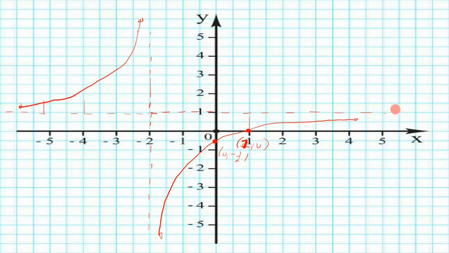Then your equations of the asymptotes here, you have y is equal to 1. And then up there you have x is equal to negative 2. So let's clearly indicate it here. Make it bolder. Right. So this is your graph for f of x.